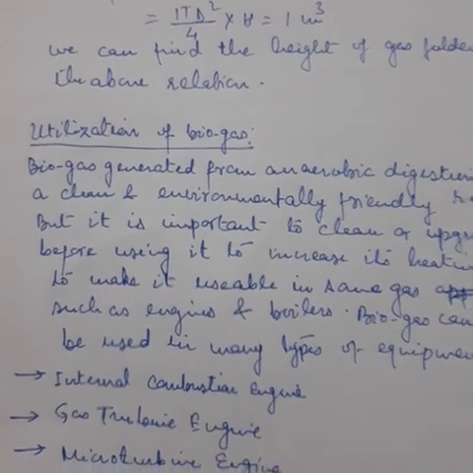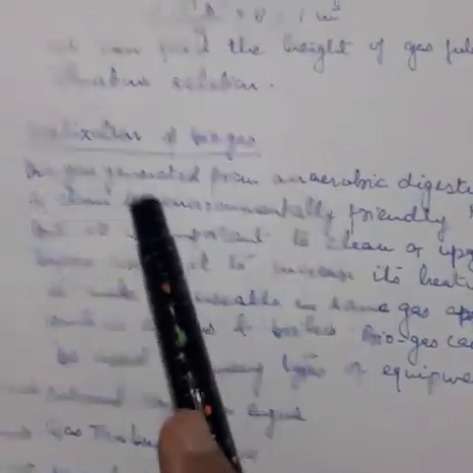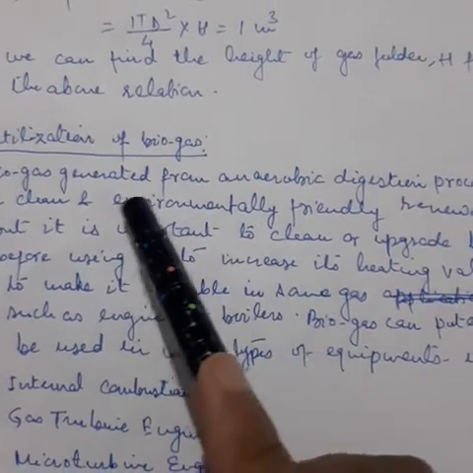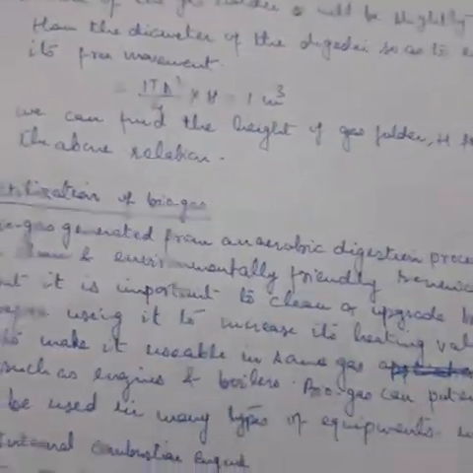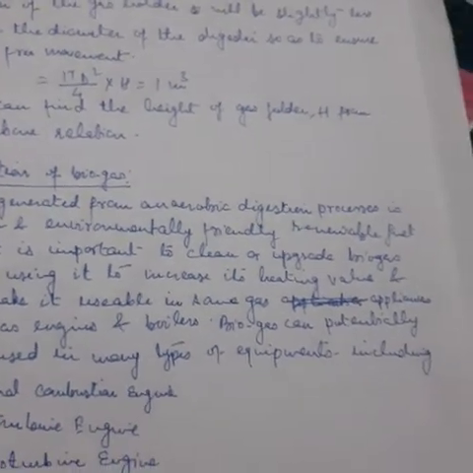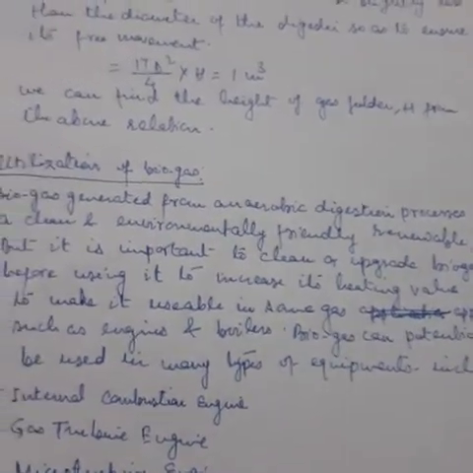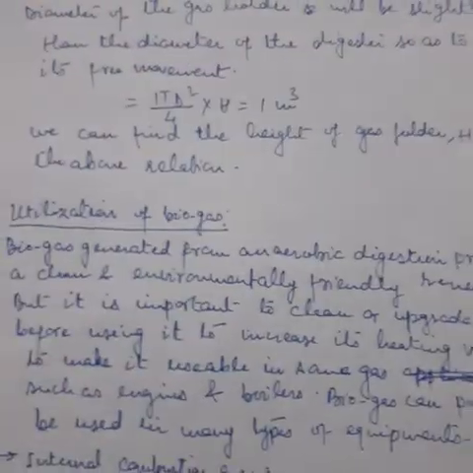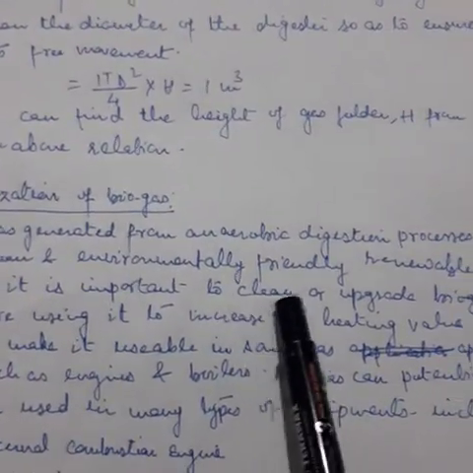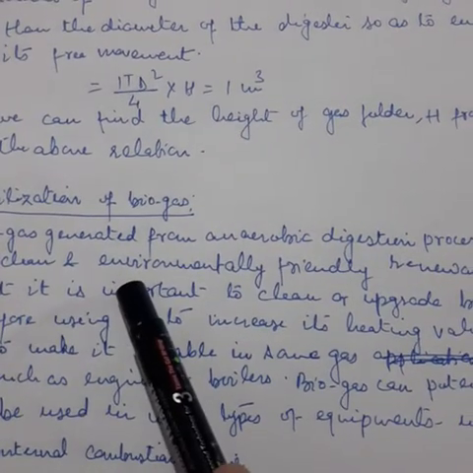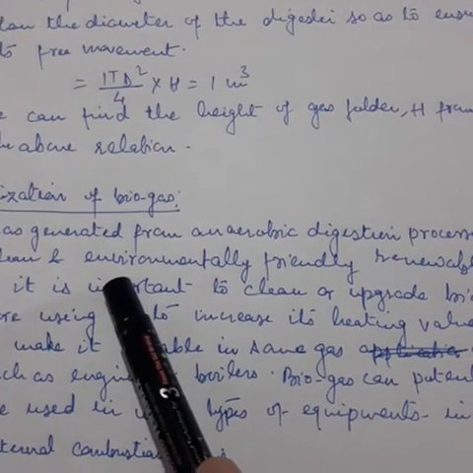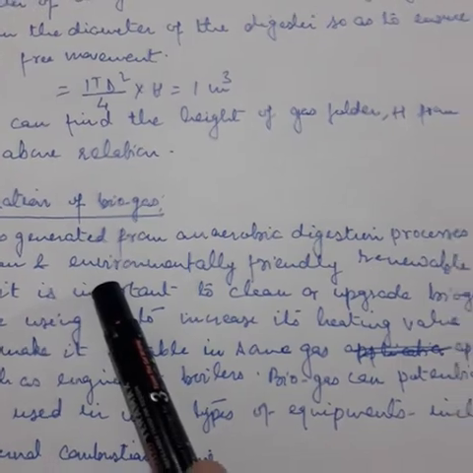So the utilization of the biogas: biogas is generated from the anaerobic digestion process. It is a clean and environmentally friendly renewable fuel. It is less harmful, we can say not harmful and eco-friendly.